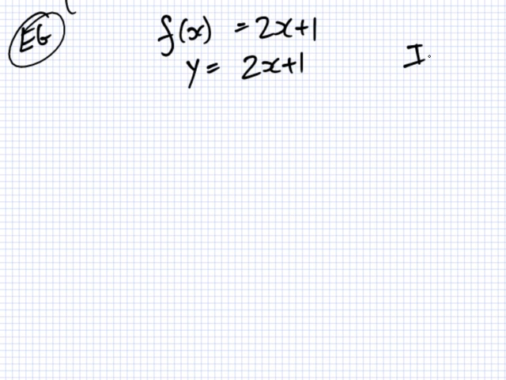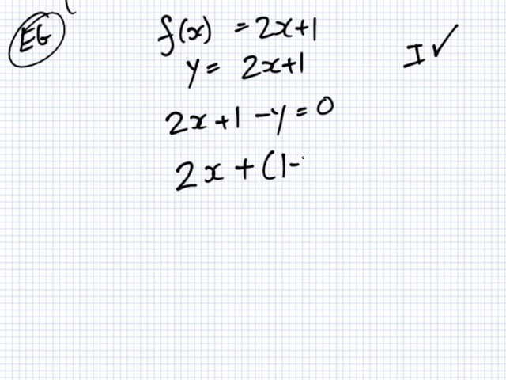That's step 1 done. Step 2, you make it an equation equal to 0. So that's 2x plus 1 minus y equals 0. Or to be extra clear, 2x plus bracket 1 minus y equals 0. The reason I did that is to make it look a bit more like mx plus c.